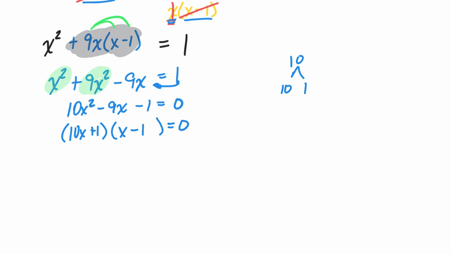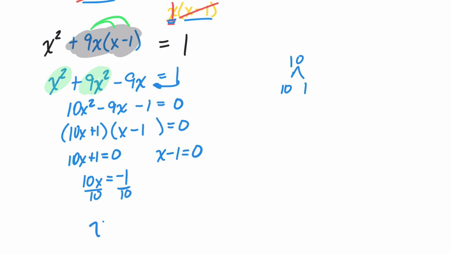Again, use the quadratic formula. I don't care. Graph, that's completely up to you. We're solving anyway, so if you use the quadratic formula, it's going to not only factor it for you, it's going to give you the actual solutions. So remember, the two solutions come from the parentheses. We're going to set this equal to 0, and we're going to set this equal to 0. So we subtract 1 from this side, and we divide by 10.